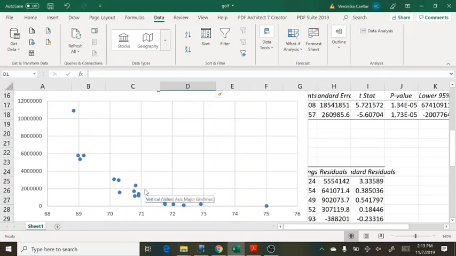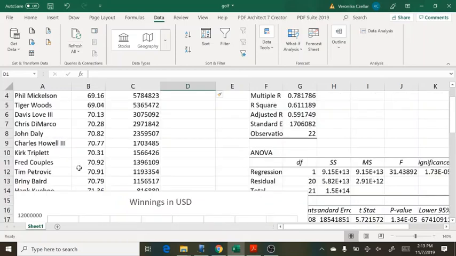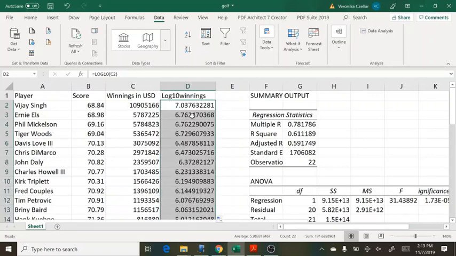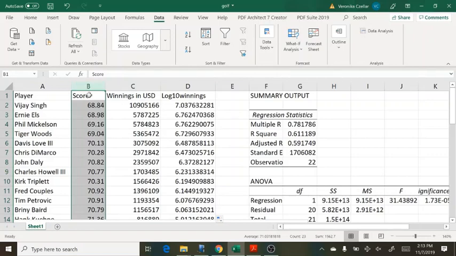I will do a log transformation of my y variables. No matter which base you take, I will take the log 10 of the winnings. In Excel, you write log 10, and this is what I do. Now, I regress the log winnings on the scores. I do not transform the score; I could also transform it, but it should be enough in this example.